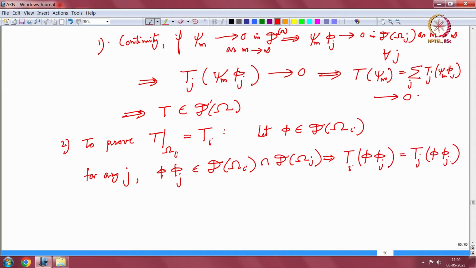Ti of phi j is equal to T of phi j. Therefore, that implies your T phi, this is what you want to show, is equal to summation over j of Tj of phi j by definition, that is it.